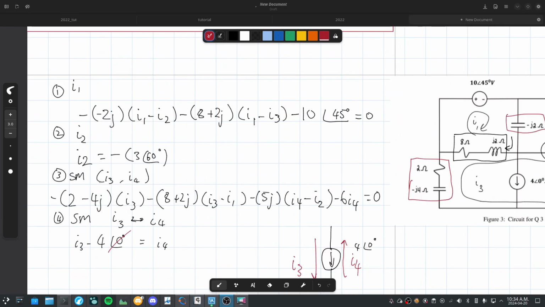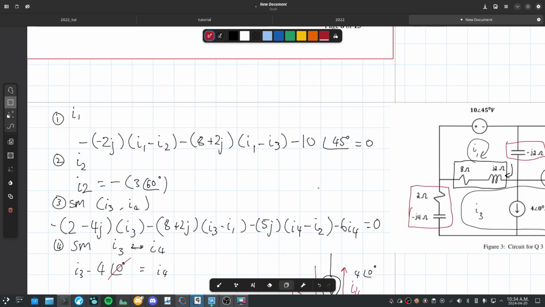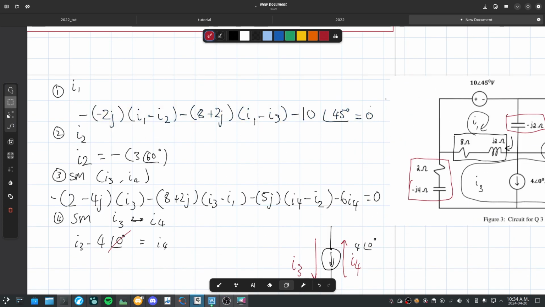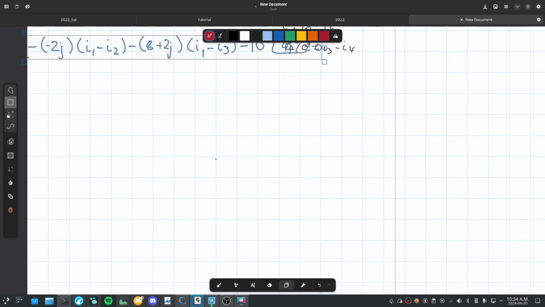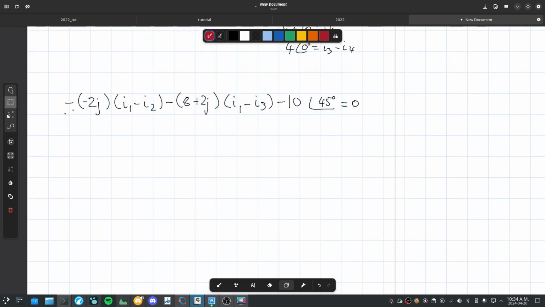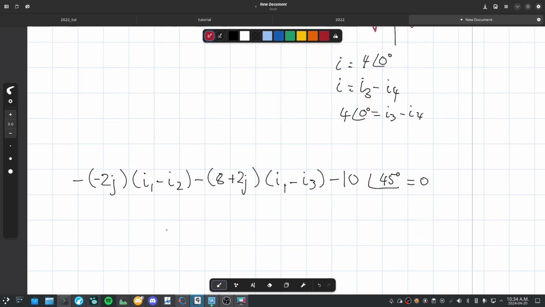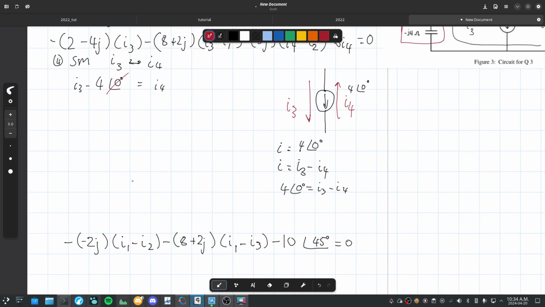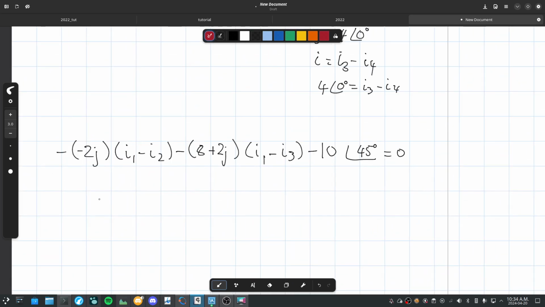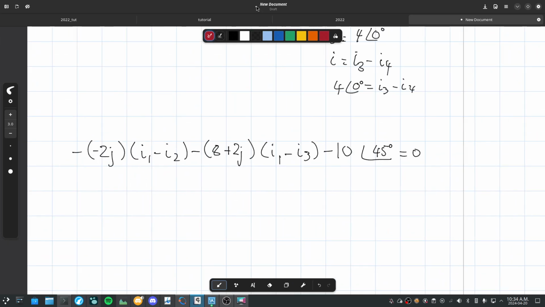Now we have to simplify our equations. Let's take our first equation down here and let's start simplifying and expanding. So the first step we do in mesh analysis, we distribute. Here, here, and this is constant, so we just leave that for now.